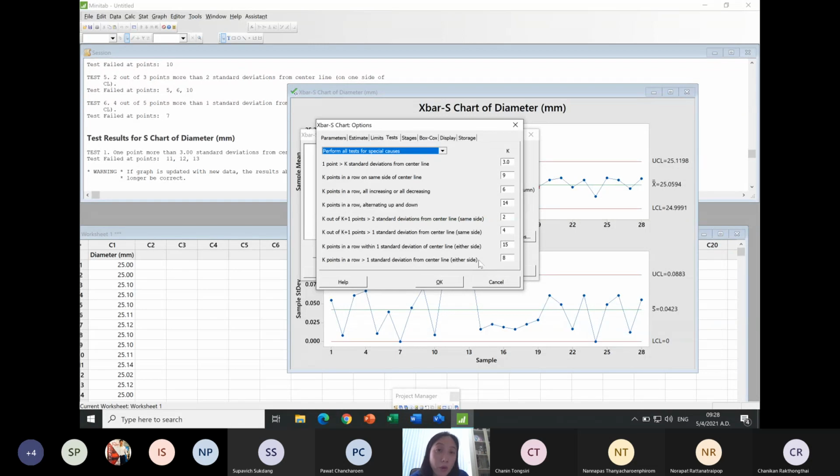You can make a short note: rule number 1 is extreme point, number 2 is run, 3 is trend, 4 is cycle, 5 is 2 out of 3, number 6 is 4 out of 5, number 7 is run in zone C, and number 8, the last one, is avoidance of zone C. So when you do interpretation, you will write down the rule's name or the pattern that you detect easily, so you don't have to come back to this screen again.